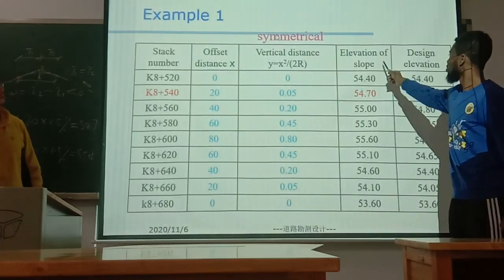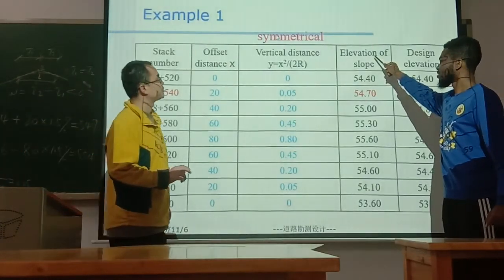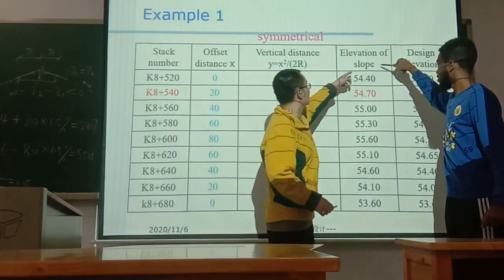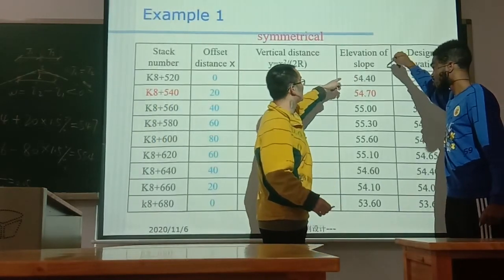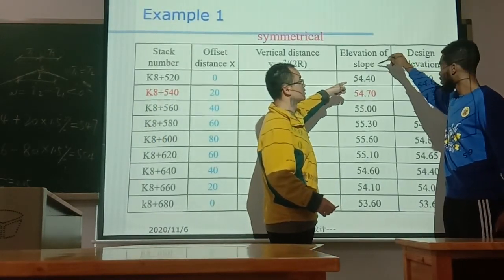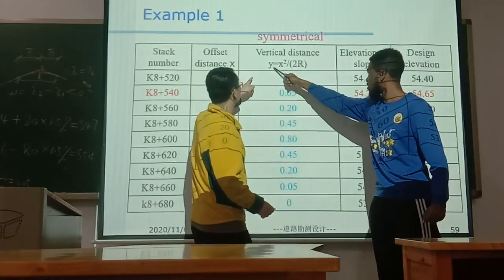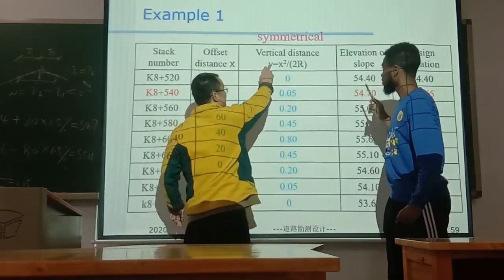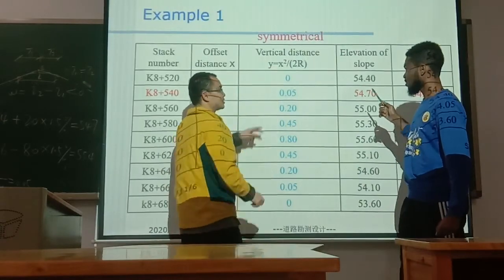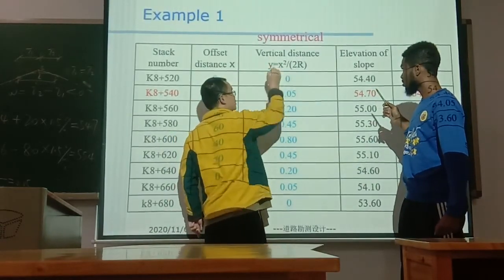Which symbol? H. Elevation with the slope is H.S. The symbol for vertical distance is Y. This is H, not Y. Yes, H.